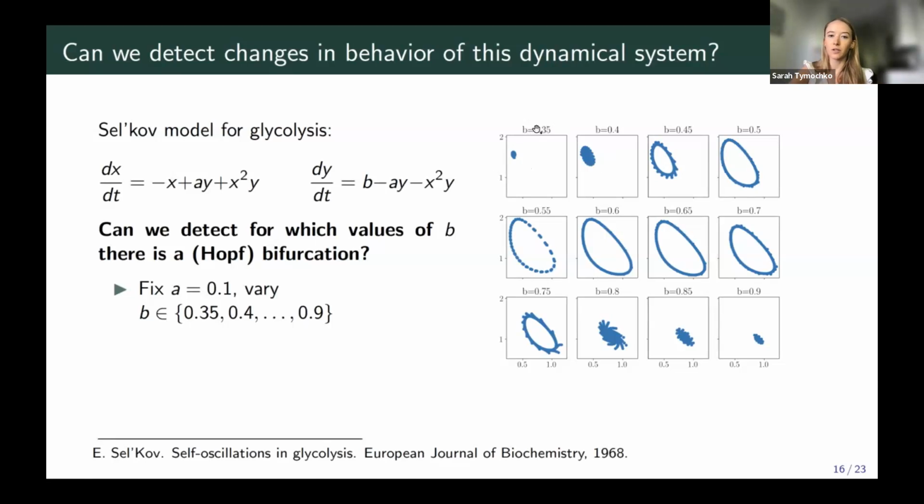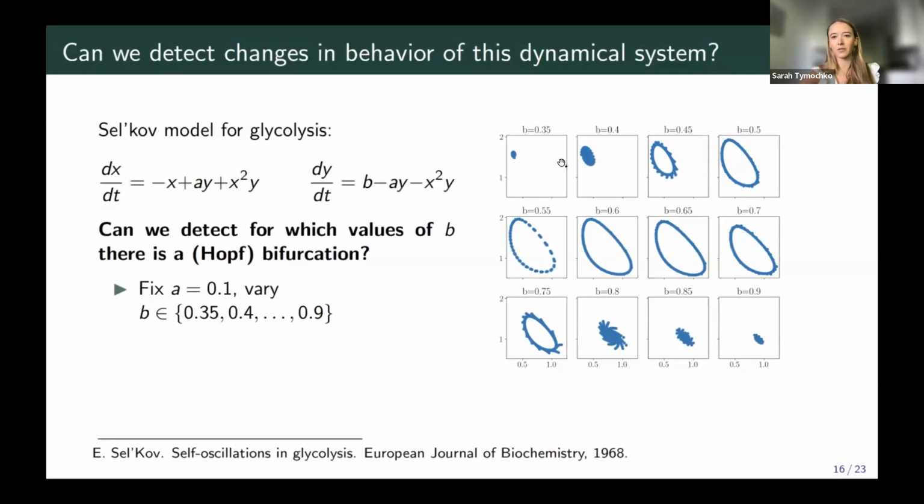So for small values of b and larger values of b, you end up with solutions that are fairly stable. They end up going to the same point, but in the middle, you end up with these limit cycles. So you end up with this circular behavior where you're tracing out these features. And this, in this particular system, is a Hopf bifurcation, if that means anything to you.